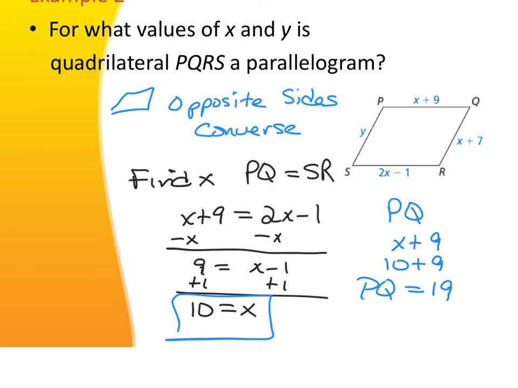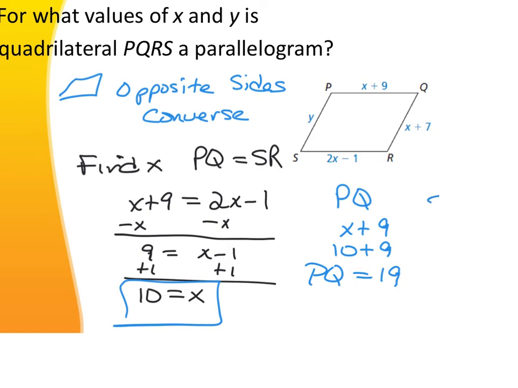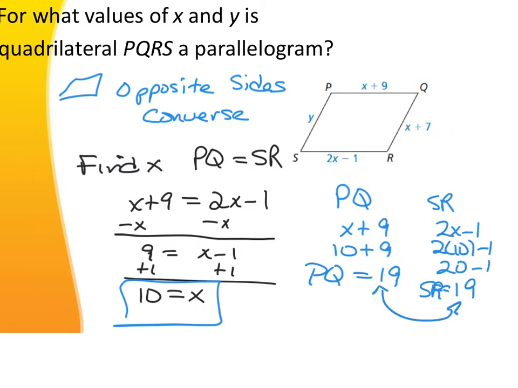Same thing if it asks for SR. SR is 2x minus 1. 2 times 10 minus 1, 20 minus 1, and SR is 19. Remember that these opposite sides are congruent. If these two answers weren't the same, then you did something wrong. So when you're taking the quiz or the test on this, be careful and read what it's asking for.